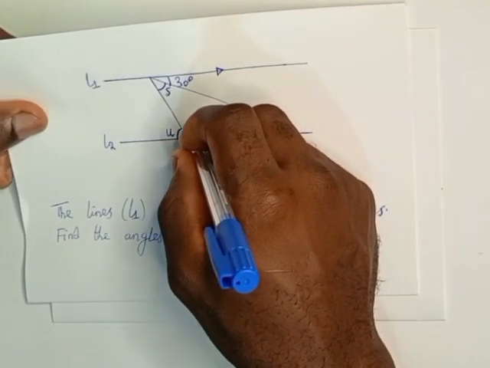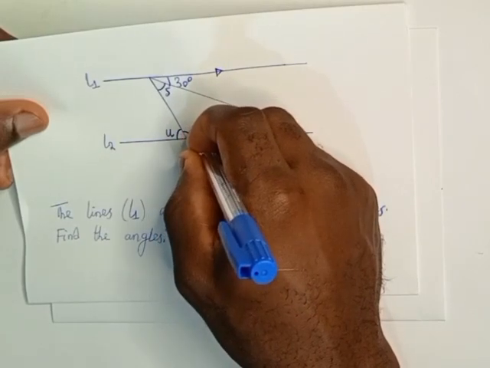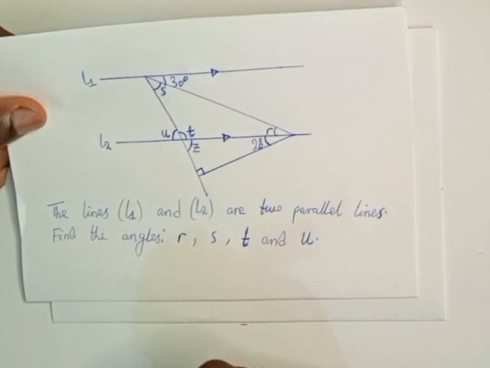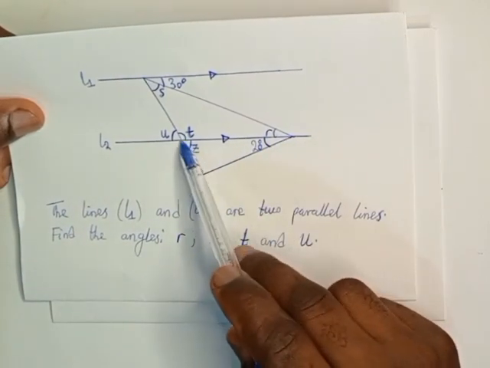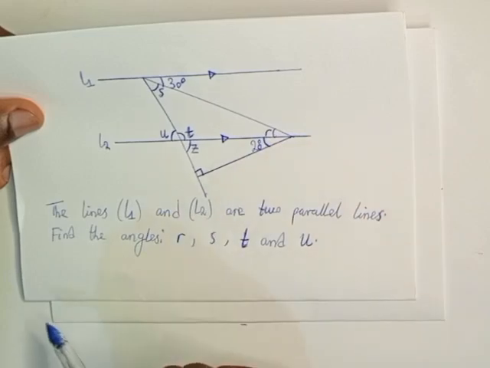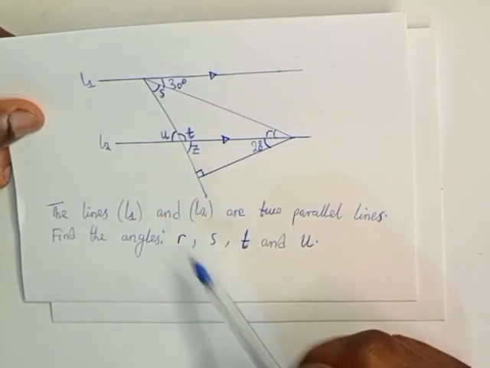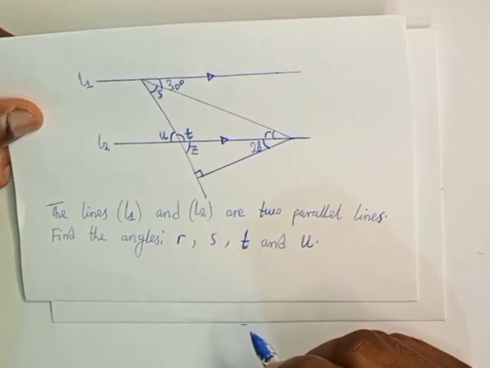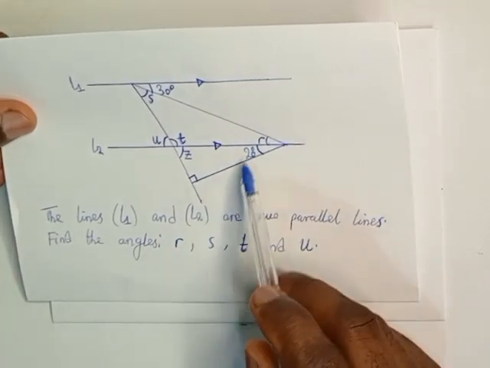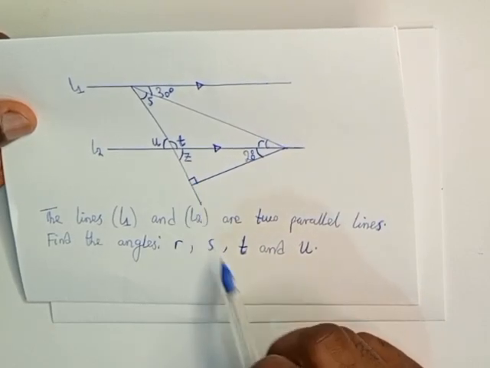We can call this one Z. Let's find the angle Z. This is a triangle, and we know the sum of the interior angles of a triangle is equal to 180 degrees. That means if we take 20 degrees plus Z plus this is 90 degrees, it should be equal to 180 degrees.